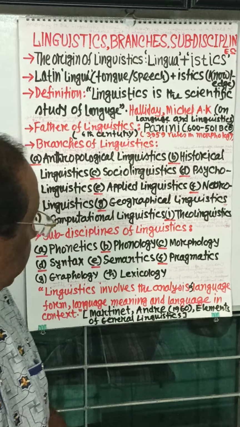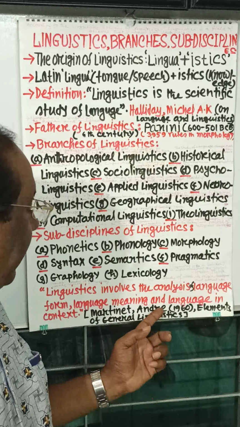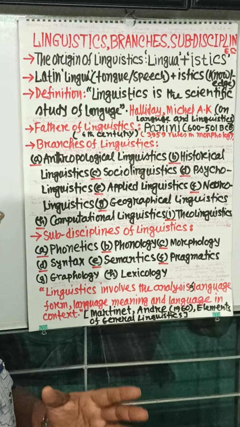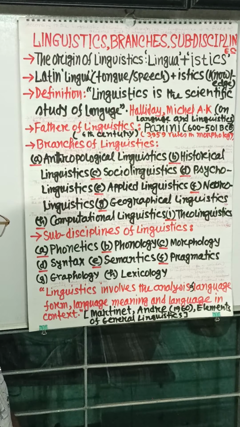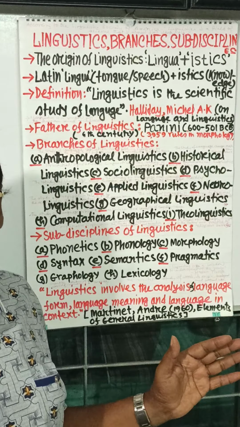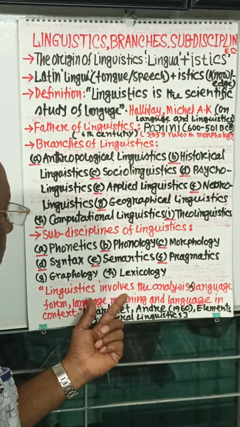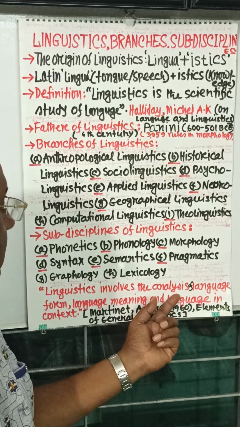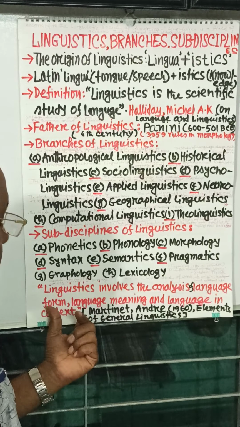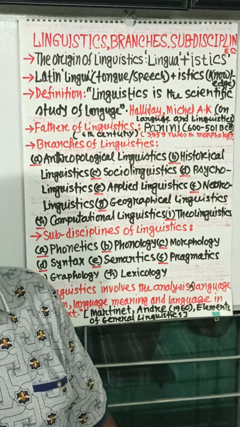Another definition is given by Martinet in his book Elements of General Linguistics. In this book, Martinet says that linguistics involves the analysis of language form, language meaning, and language in context.